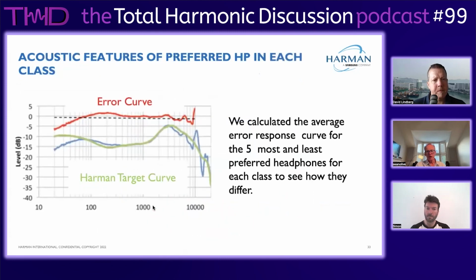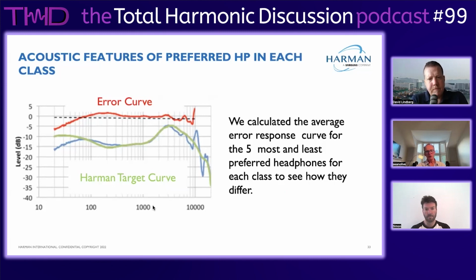So the way I did this, I looked at the 5 most and the 5 least preferred headphones in each of these classes. And we look at what the average headphone that they like, based on the top 5, how does it deviate from the Harman target? And you can calculate the difference and express it as an error curve, which is that red curve.